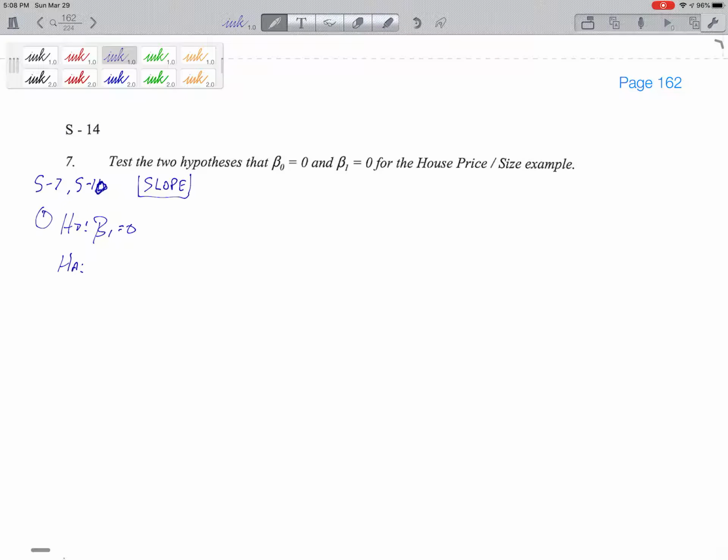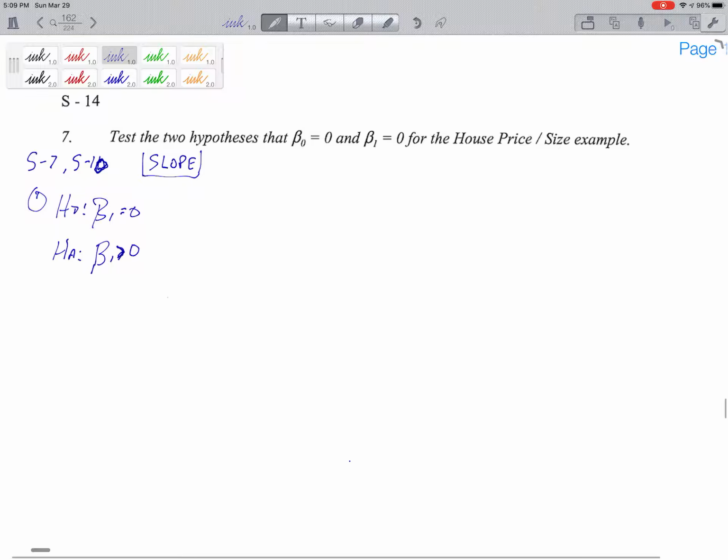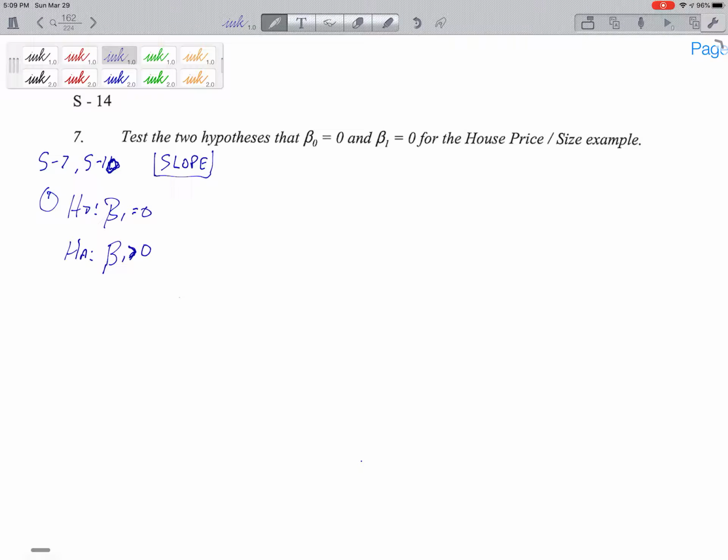In this particular case here then, suppose your decision maker says you figure if there's a relationship, they would expect it to be positive. I want to do a one-sided test here. Now again, that's something that the decision maker would tell you, and the default is always a two-sided test.